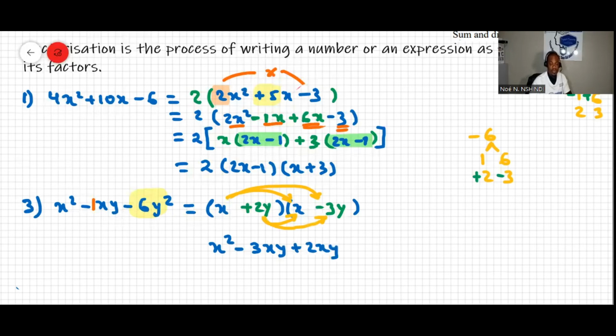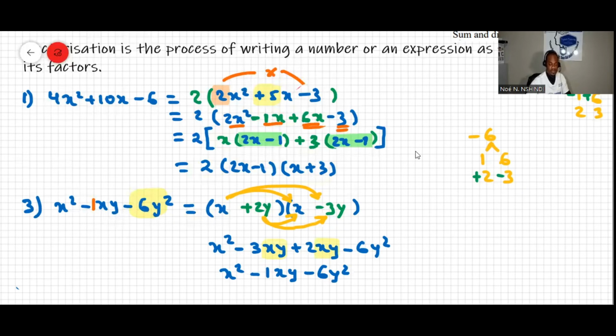And 2y times negative 3y makes negative 6y squared. Now we can combine like terms: negative 3xy plus 2xy makes negative 1xy, so x squared minus xy minus 6y squared.